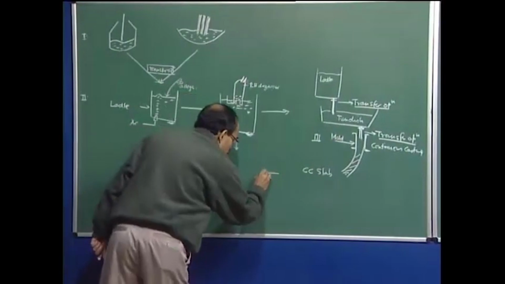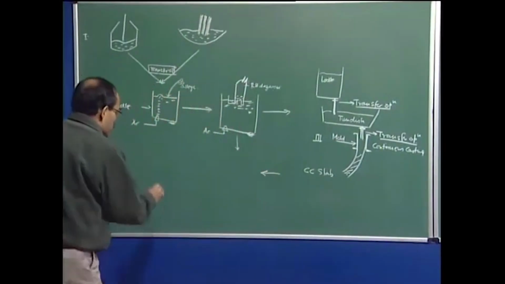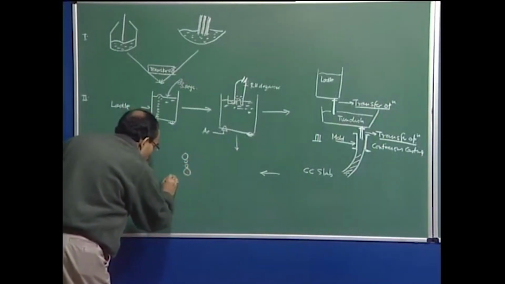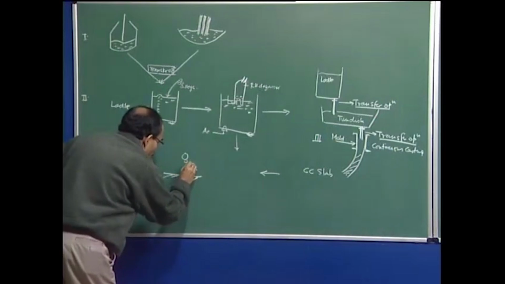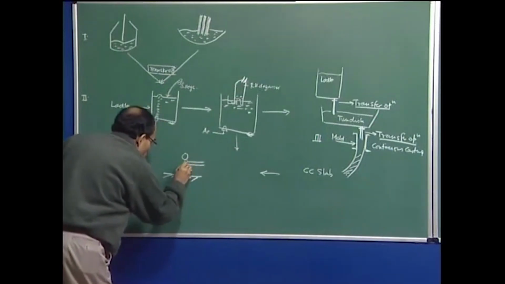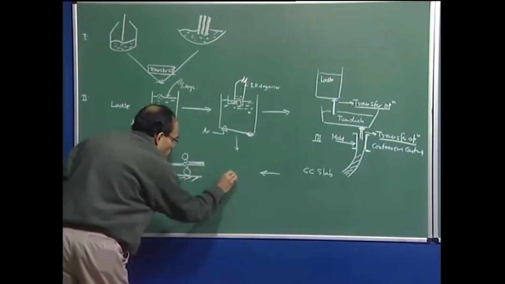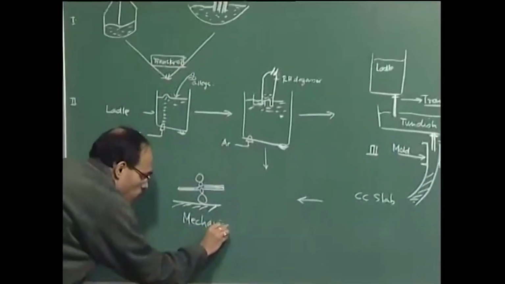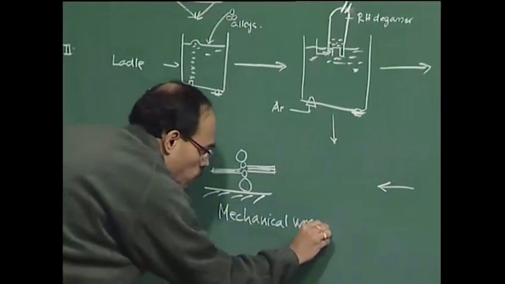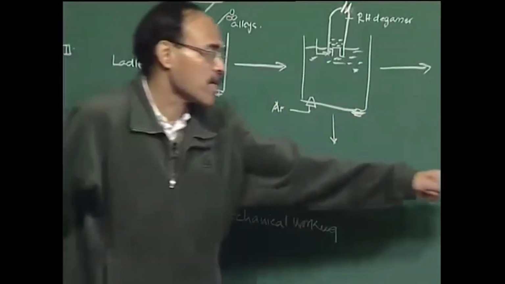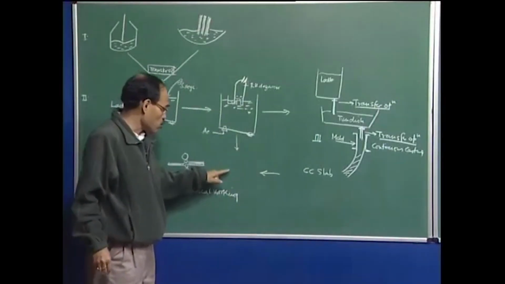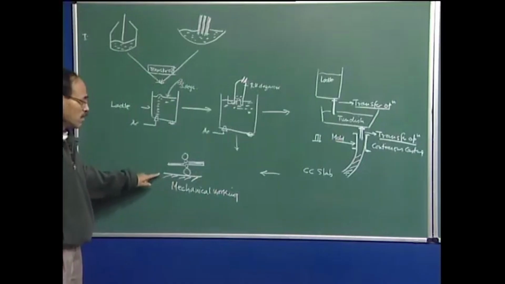And then comes the final stages, which are the mechanical working processes. So we have rolling mills, so mechanical working, and we can have continuously cast slabs put into reheat furnaces, put into soaking pits, rolled, or galvanized.